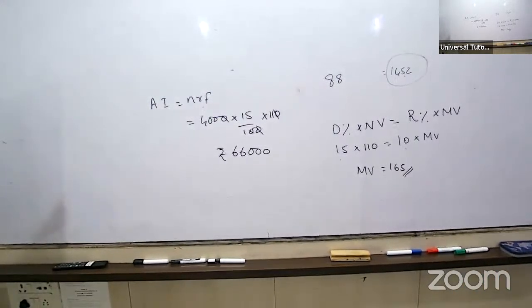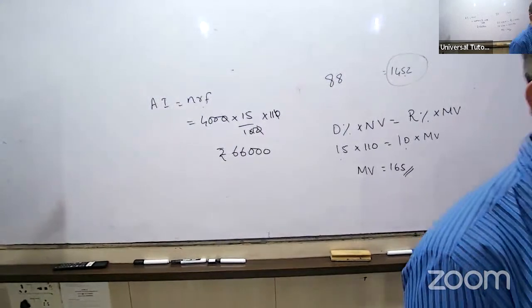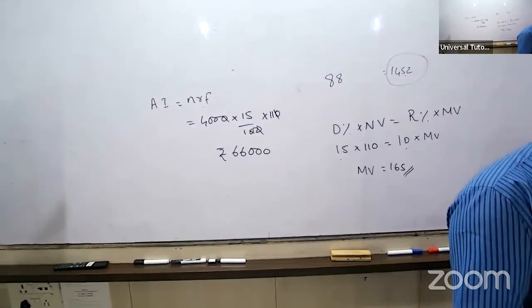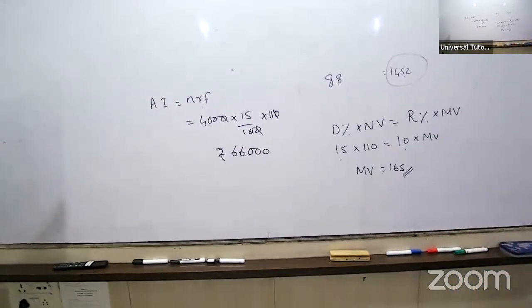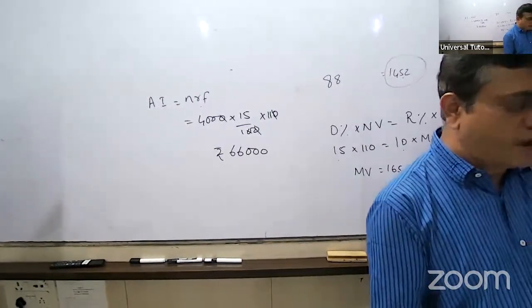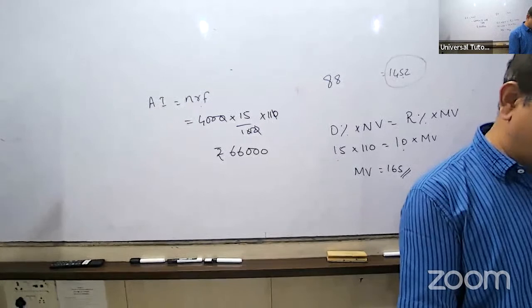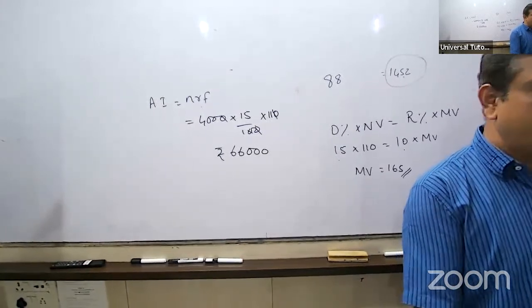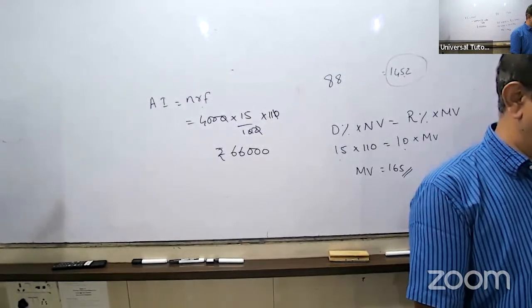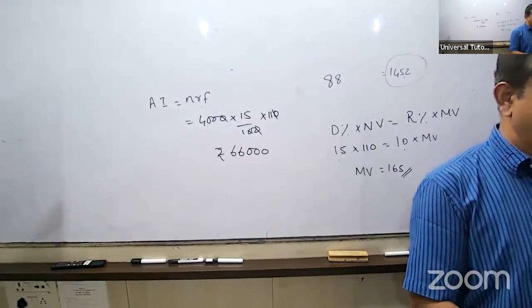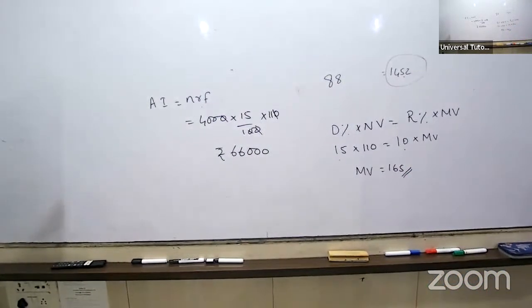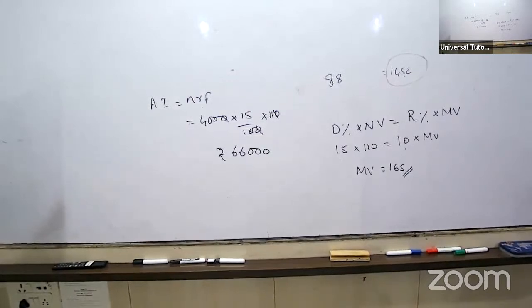If both receive equal annual dividend, find the equal annual dividend, find the rate of dividend received by B.